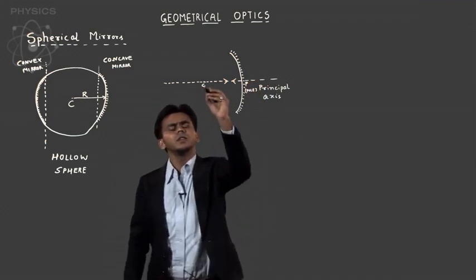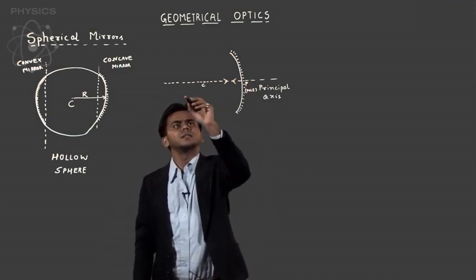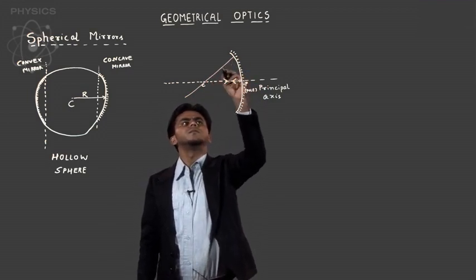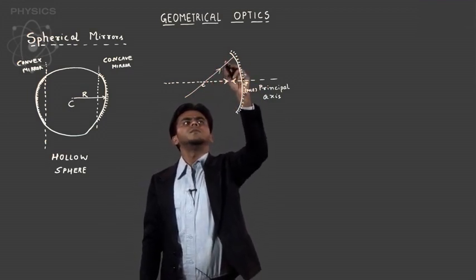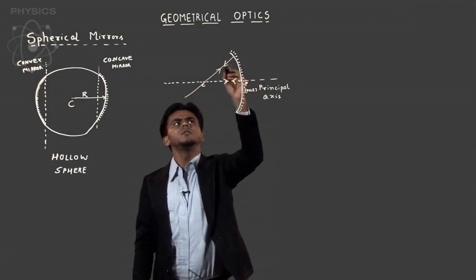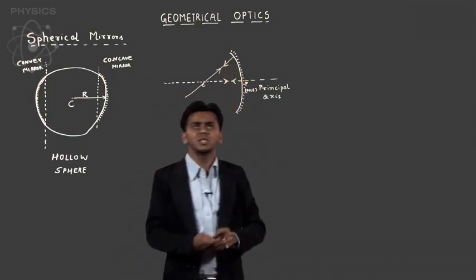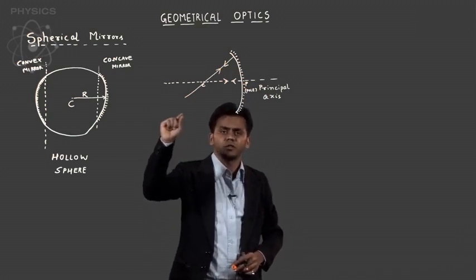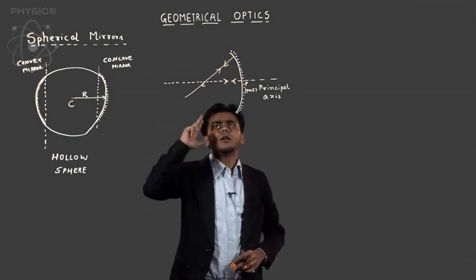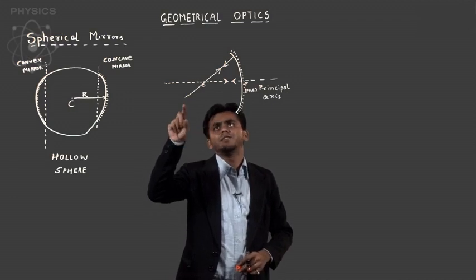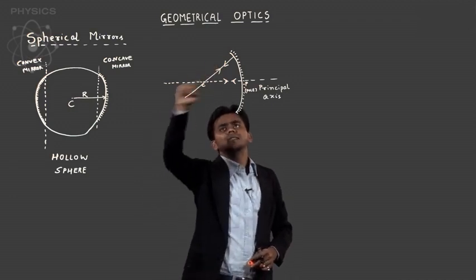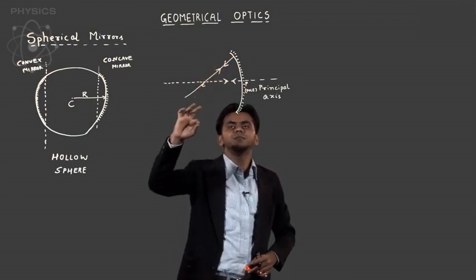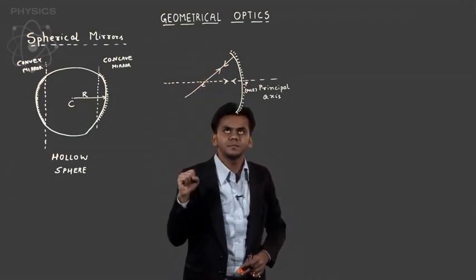Similarly, even if your ray of light is passing, let's say, in this direction, it is a case of normal incidence, because any line, for that matter, passing through the center of curvature would be of a normal incidence nature, which would mean that this line and this line both are normals to the mirror at different points, which means they would retrace their path.